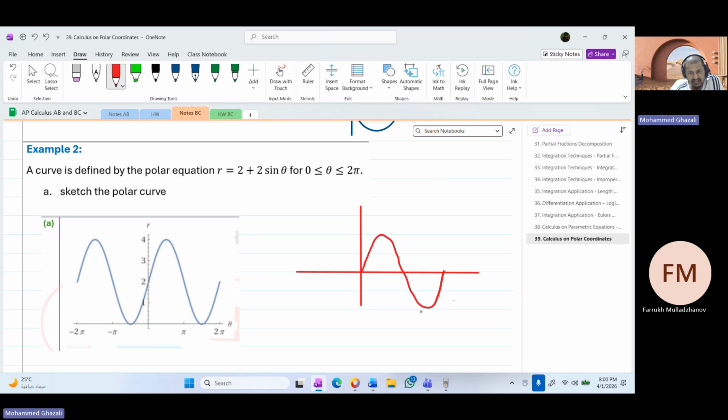This is one wave of the sine graph. There's 2 here, and we can go further up. Now remember all the important points: that's pi by 2, that's pi, that's 3 pi by 2, and that's 2 pi. Let me trace this curve for you and see if you're getting the exact same thing.